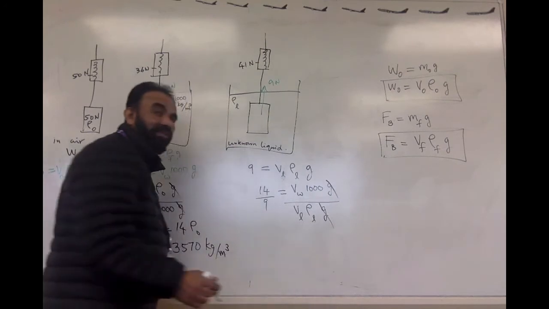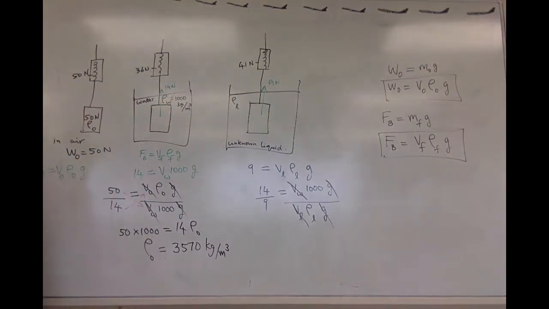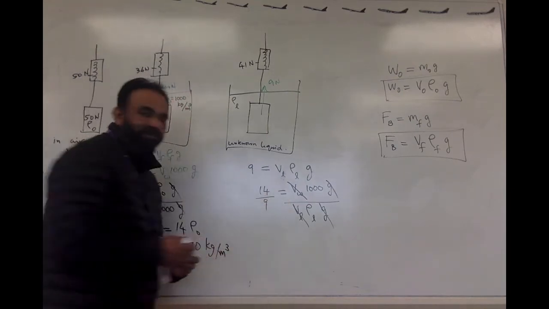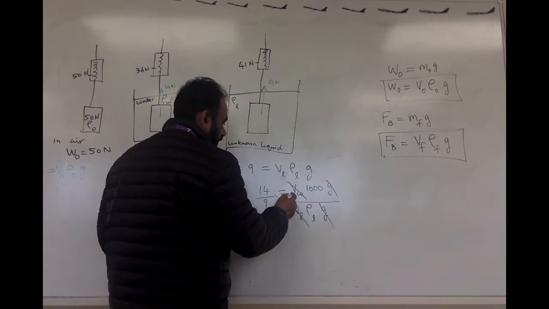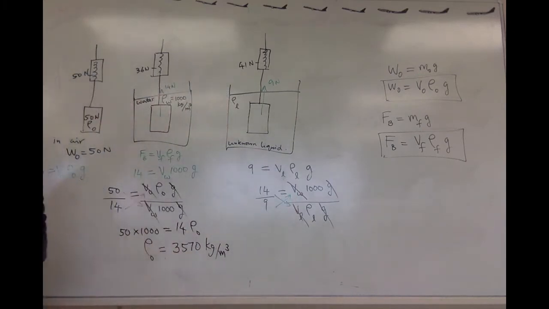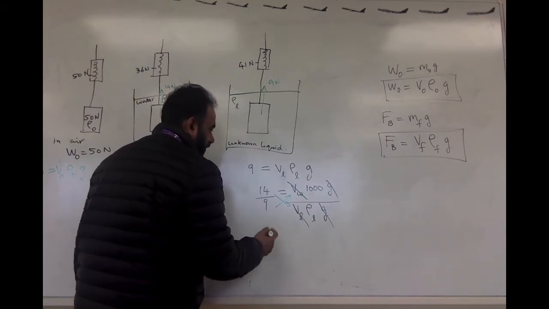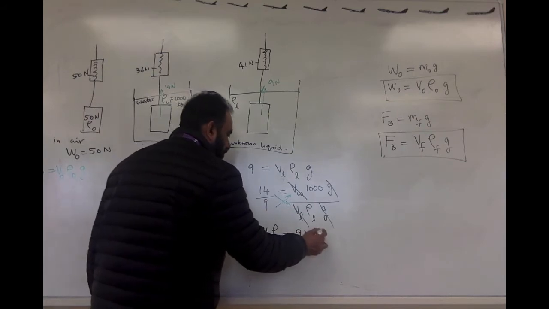The g's, and the volume of water displaced and the volume of unknown liquid displaced are exactly the same, so cancel that also. Now cross multiply, and you get 14 rho L is equal to 9 times 1,000.